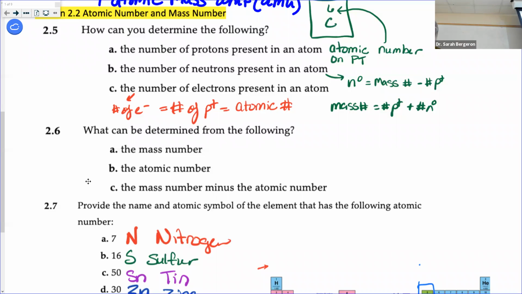It's number 6, and we call that number the atomic number. What does that atomic number tell us? The atomic number is equal to the number of what? Protons, right? Tells us the number of protons. What else does it tell you?